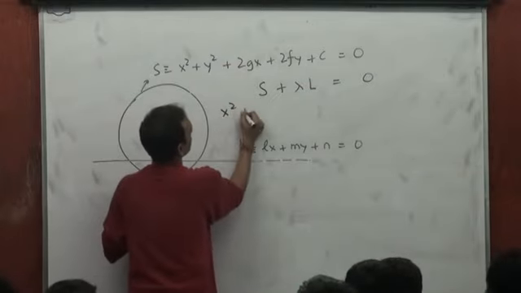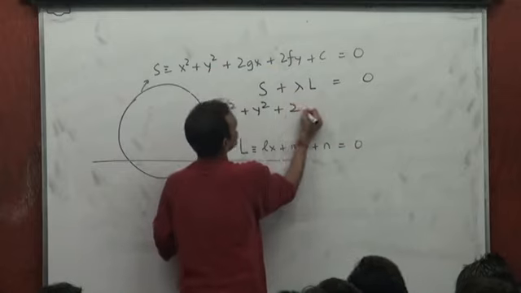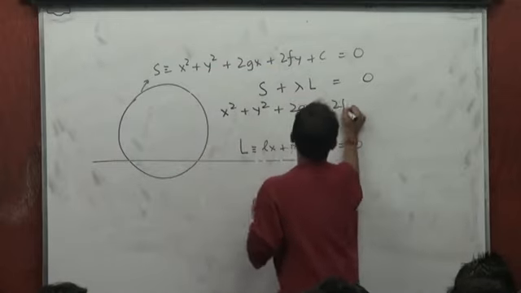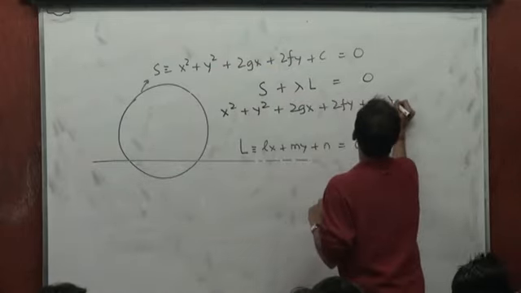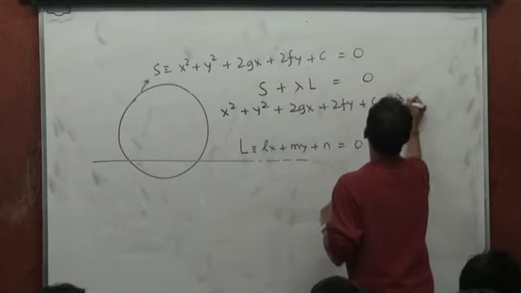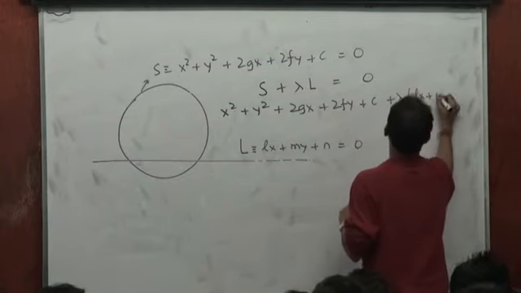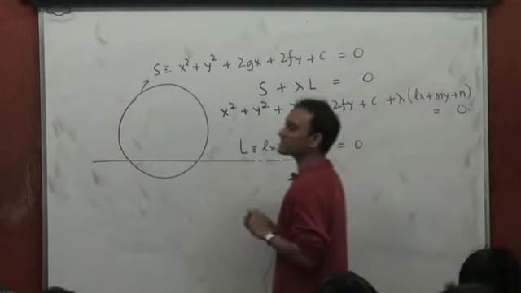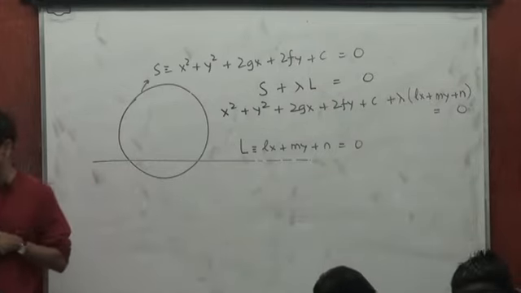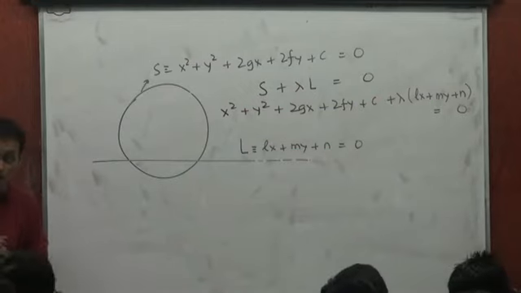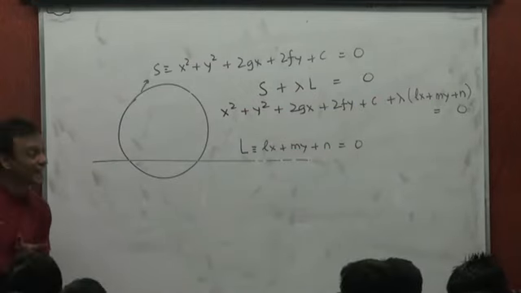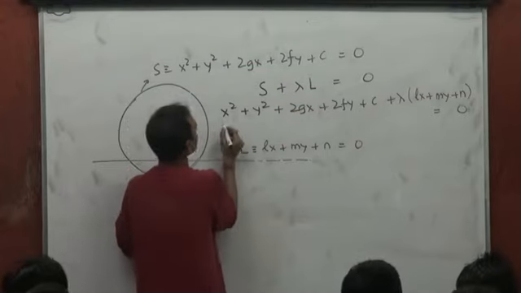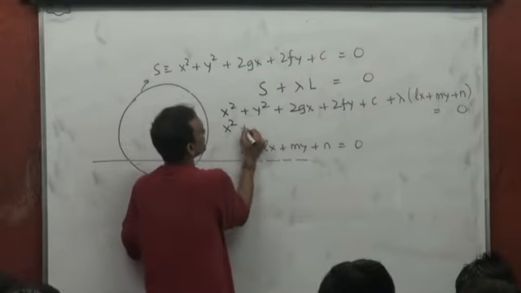S is x square plus y square plus 2gx plus 2fy plus c, plus lambda times Lx plus my plus n, equal to 0. This is S plus lambda L equal to 0, a linear combination of a fixed circle S and a fixed line L. Clear?